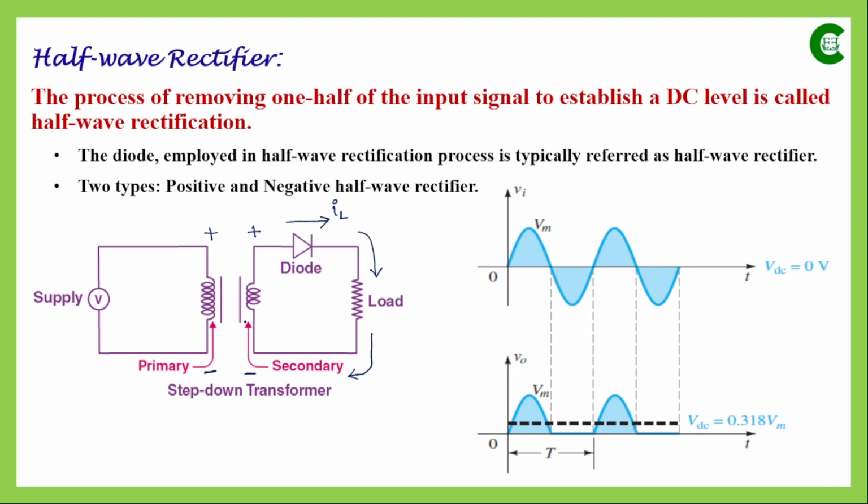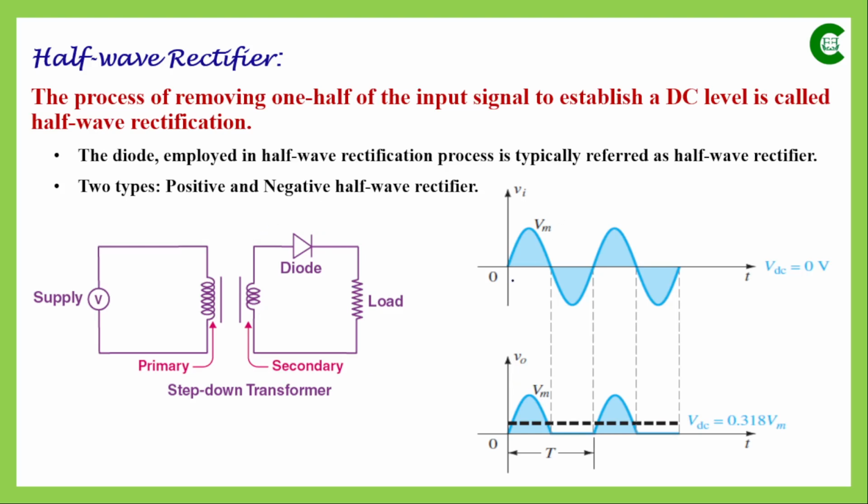But with respect to this input voltage or the voltage drop across the load resistor, the voltage drop across the diode will be very negligible. That's why the peak voltage or the maximum voltage across the load resistor is taken as same as the peak value of the input signal, and that's why it has been shown by V suffix M. So this is the practical scenario.